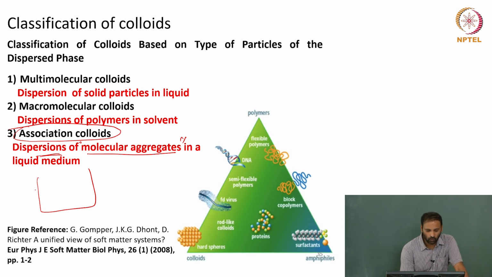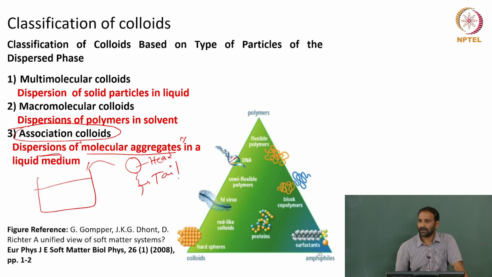Micellization. If you take water and I add surfactant molecules, which, as I said, are typically represented like a head and a tail, this head is typically hydrophilic and the tail is hydrophobic. Now when you put such molecules in water, initially you will have some free molecules, and because they are amphiphilic, some of them may go to the interface.